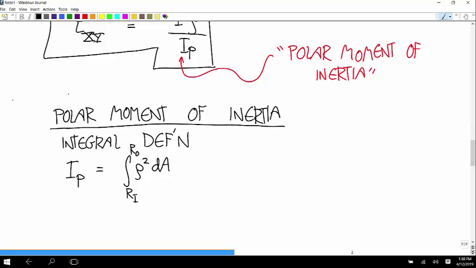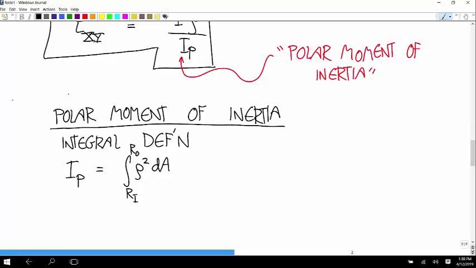It's squared in the area moment of inertia too. Yes, that's the difference. In this case, we're talking about a radial distance from the centroid. And in the other case, we're talking about a vertical value of y from the neutral axis. So that one's all up and down.